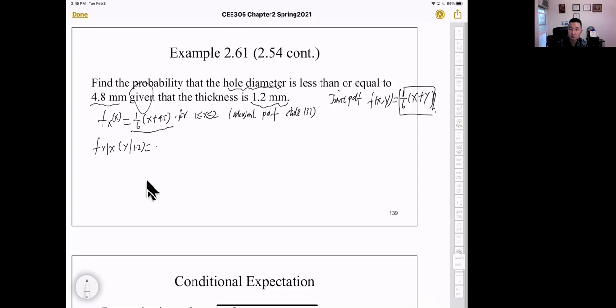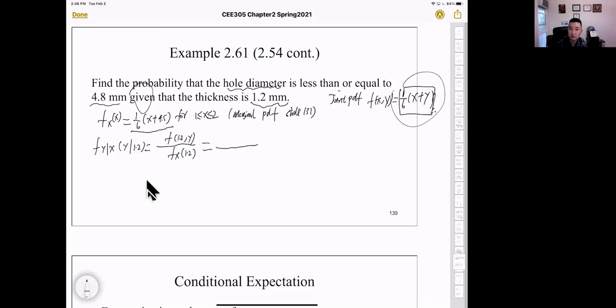So that is equal to the joint PDF F_XY when X equals 1.2, over the marginal F_X when X is equal to 1.2. And the joint PDF is this part.